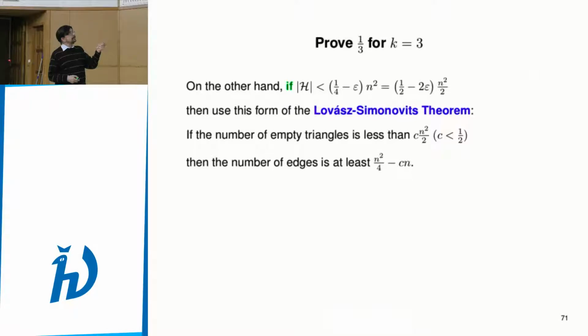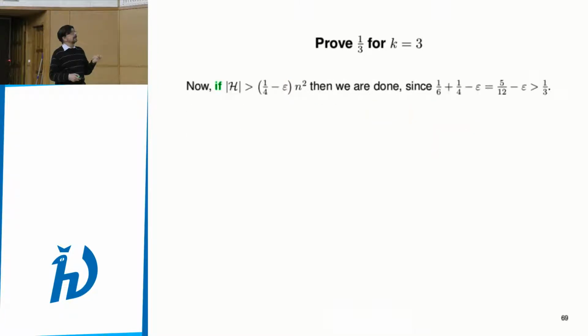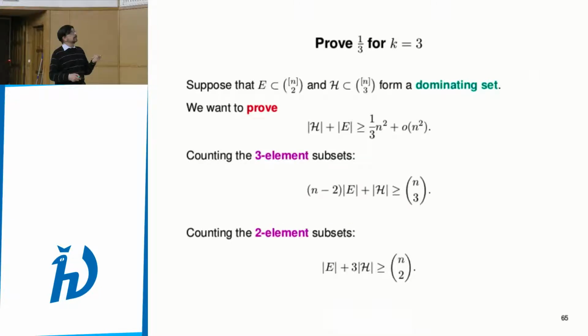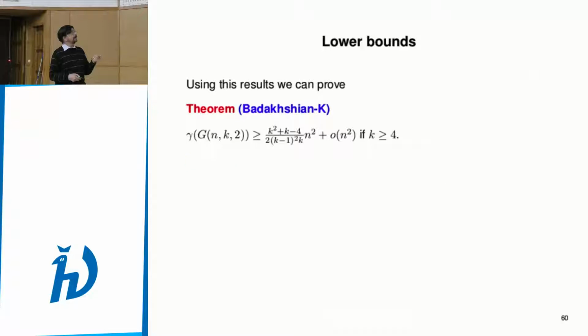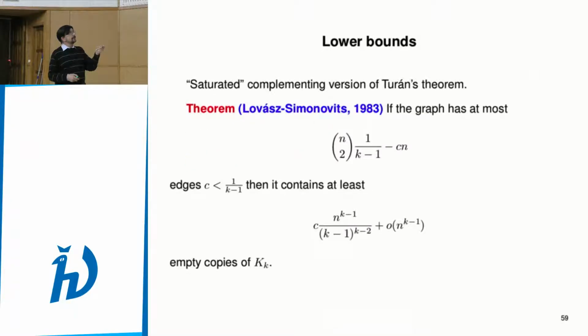I repeated it here. So when C is this one, and then when C has to be 1, I show you again. So the minimum minus C times n when C is less than this one, in our case, is 1/2.